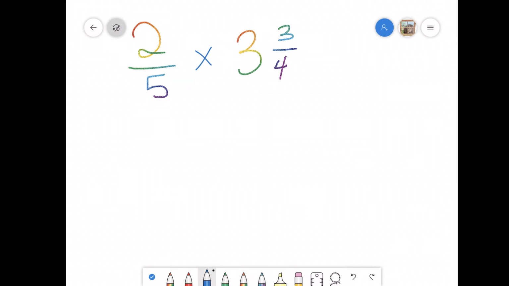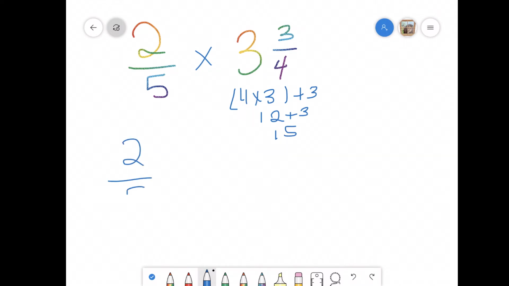So here I have one fraction and one mixed number. I'm going to go ahead and turn that mixed number into an improper fraction. So I have 4 times 3 plus 3. That's 12 plus 3 equals 15. So 2/5 times 15/4 because my denominator stays the same.